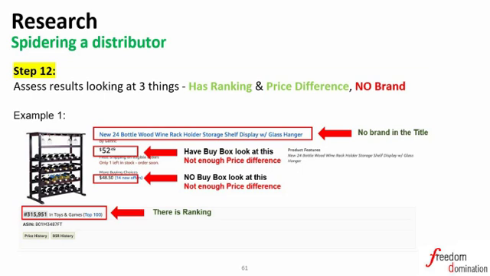For the first search example, there is no brand in the title. Now there is a buy box. We look at the $52.49, but there is not enough price difference for us to compare.